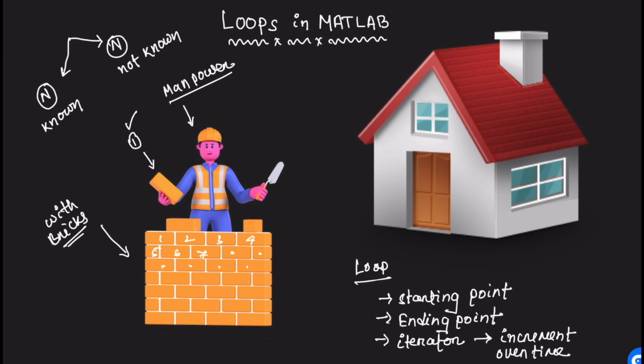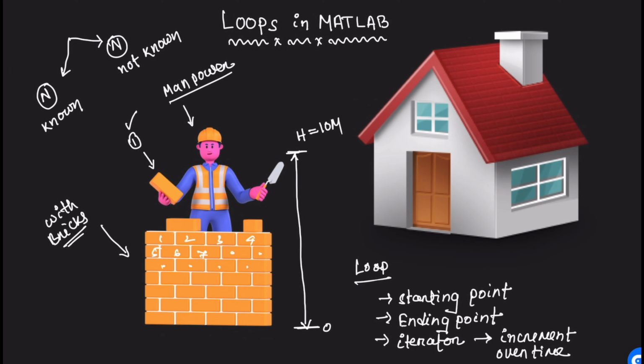Suppose our main objective is to construct a house with a wall height of this much, right? In this scenario, your beginning point is the base, which is height 0. If you consider the full height as h, then your ending point is h, or maybe you can consider it as 10 meters.